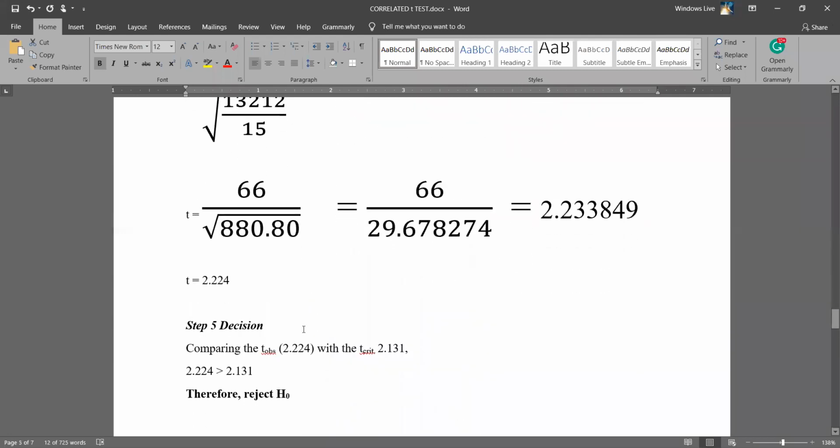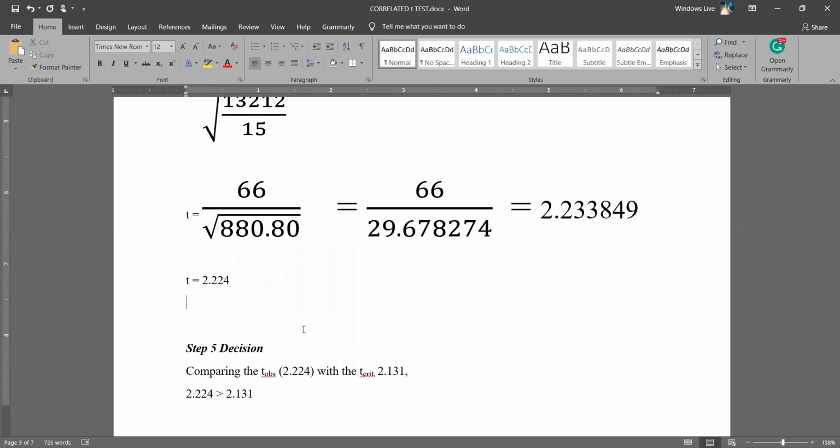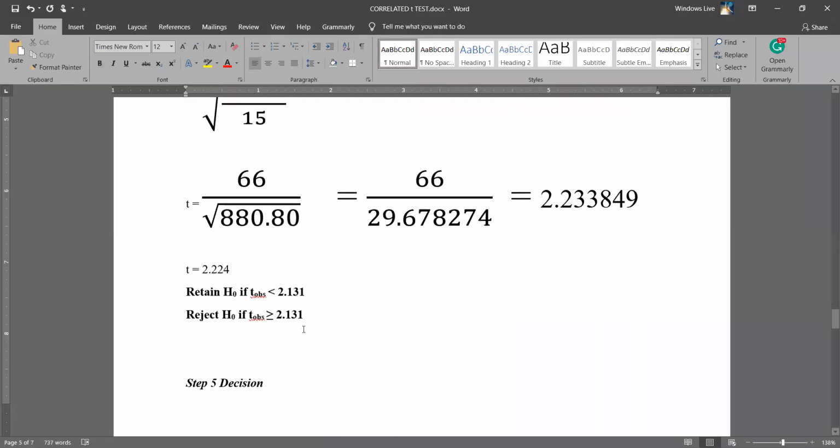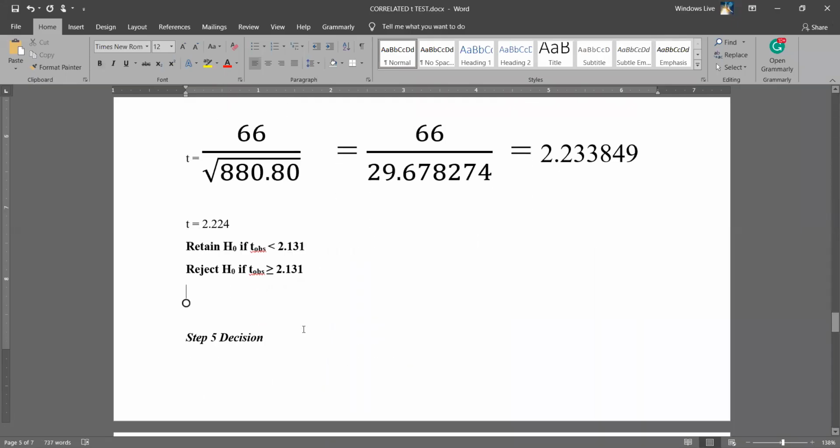So let's compare our positive decision rule. We indicated that if our T observed is less than 2.131, we are supposed to retain. And if it is greater than or equal to 2.131, we are supposed to reject HO.